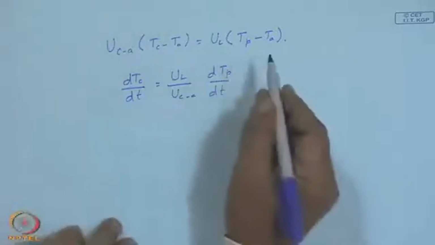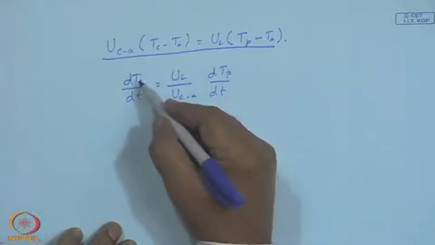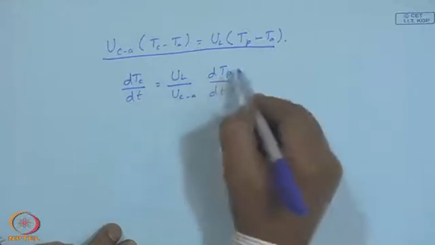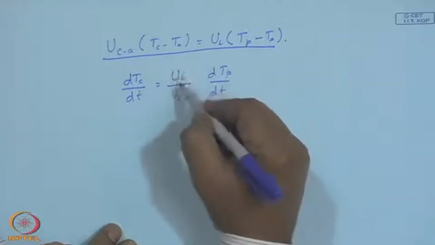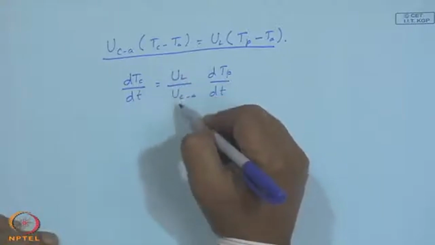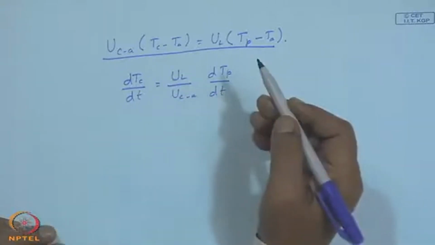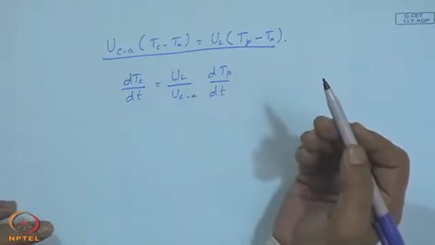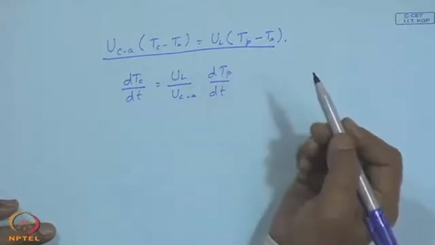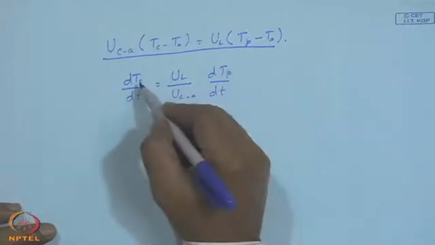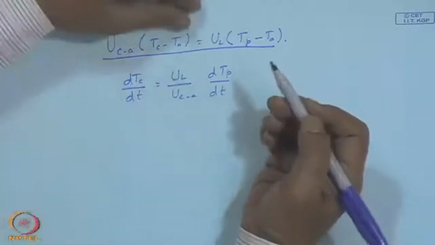We have just differentiated the above equality, and you get the rate of change of the cover temperature related to the rate of change of the plate temperature multiplied by the ratio of the overall loss coefficient to the cover to the ambient loss coefficient. So, basically, physically we can understand, if T_p changes at a particular rate, T_c should change at a corresponding rate depending upon the loss coefficients.